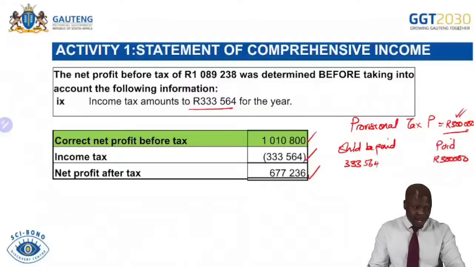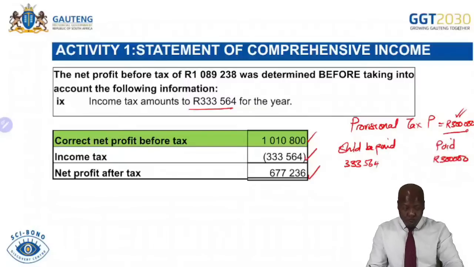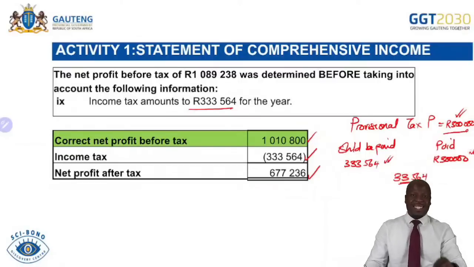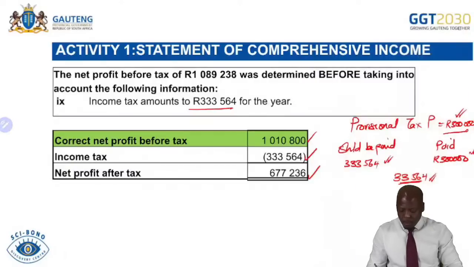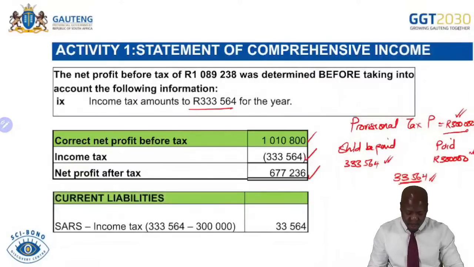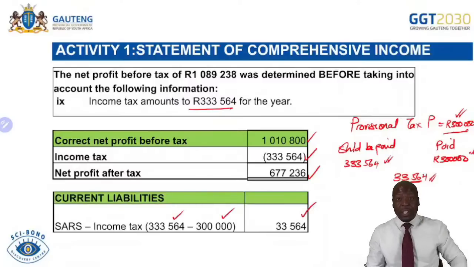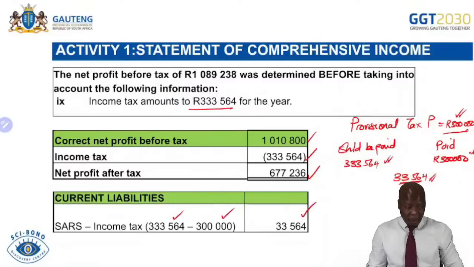At the end of the day, who owes who? We or SARS? How much? 33,564. We must still pay 33,564. Therefore, it will come under your current liabilities. There you see it, 33,564. It is very important, dear learners, that you practice this kind of questions.